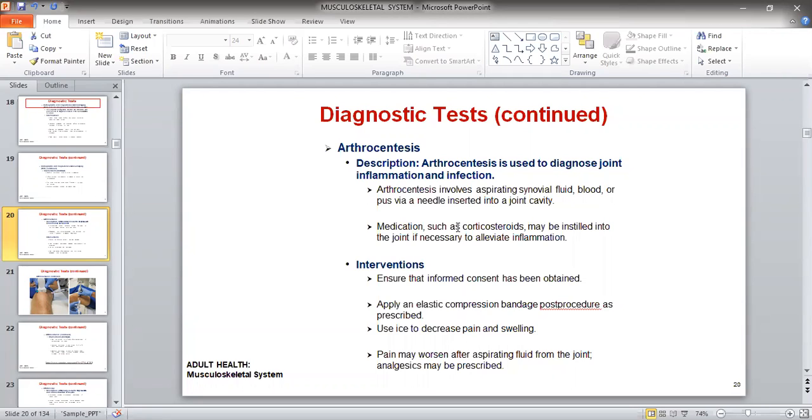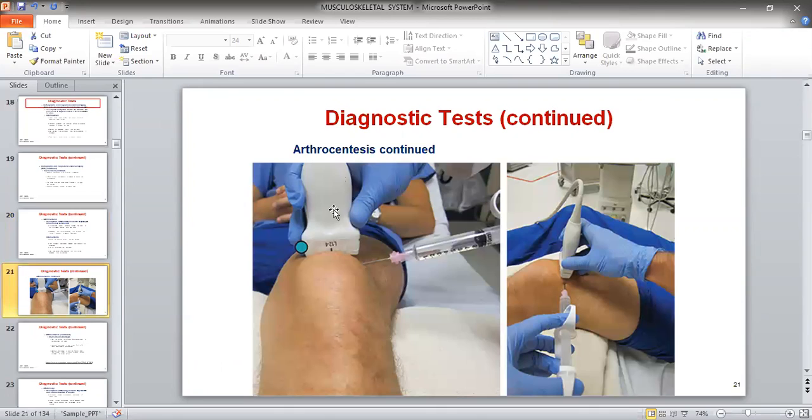Pain may occur after aspiration of fluid from the joint. Analgesia like aspirin, acetaminophen, naproxen, or other NSAIDs should be prescribed. In this picture, this is the knee joint, right?